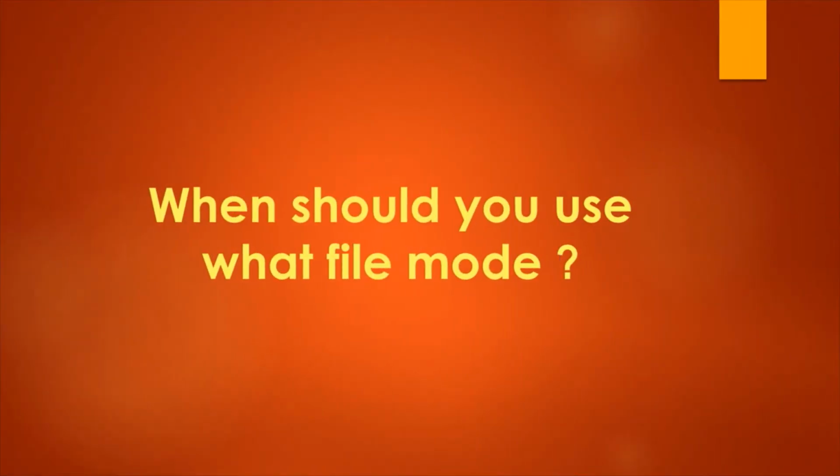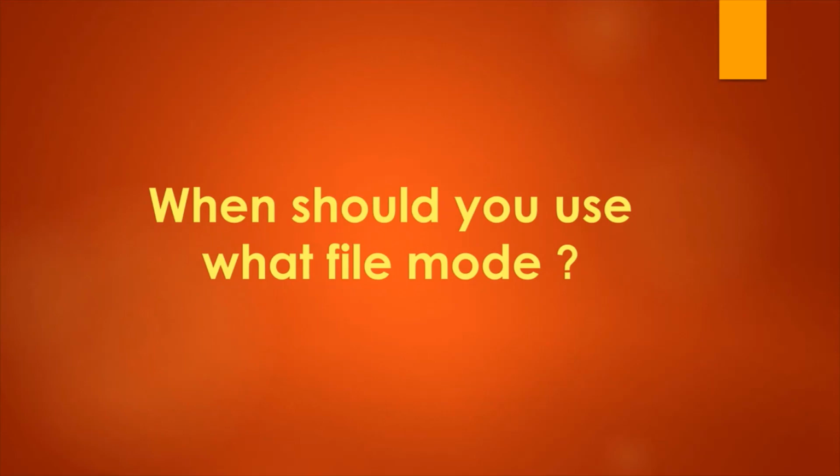Now comes the very interesting question: when should you use what file mode? Because there are a lot of file modes available to us. Actually, the answer depends on what purpose you want to open a file. So if your sole purpose is just reading the contents of a file, then you can go for R mode or the RB mode depending upon the file you want to open.